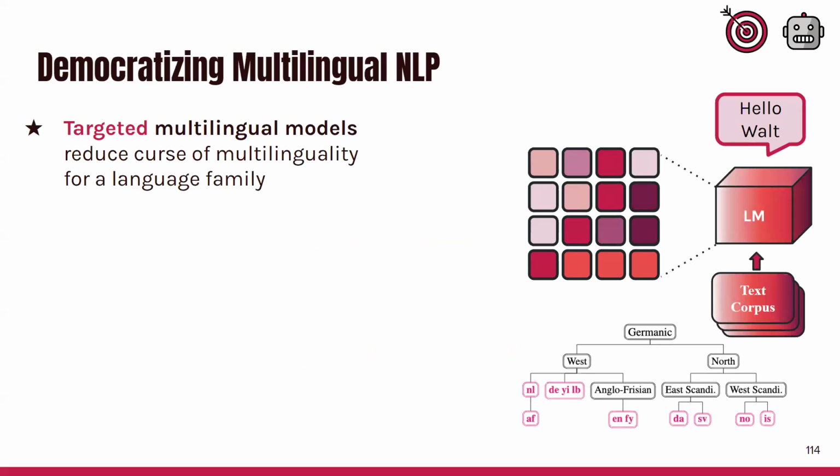And so we argue that these 2 modeling approaches, targeted and X-ELM for massively multilingual, are key to reducing the curse of multilinguality in the long term. And so we find that by training targeted multilingual models, we're able to reduce the curse of multilinguality within a single language family by pooling information and improving performance for the high and low resource languages in that setting.